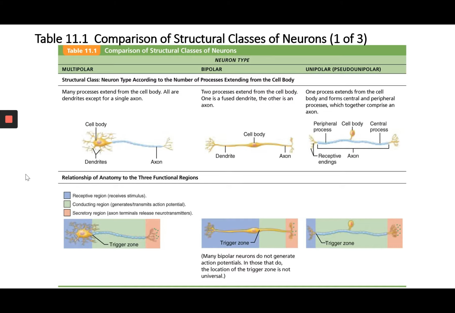We can see for the unipolar neuron, also called a pseudo-unipolar neuron, that it has only 1 process that directly comes off the cell body, but that single process immediately splits into the peripheral and central process. The peripheral process is receptive, whereas the end of the central process is the conducting region and will be carrying signals towards the central nervous system.